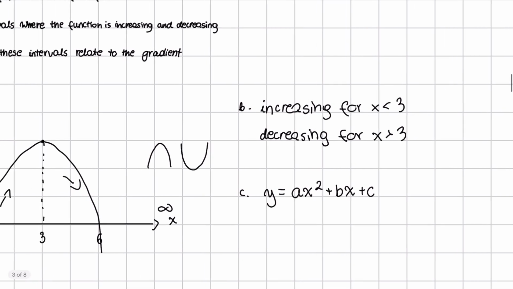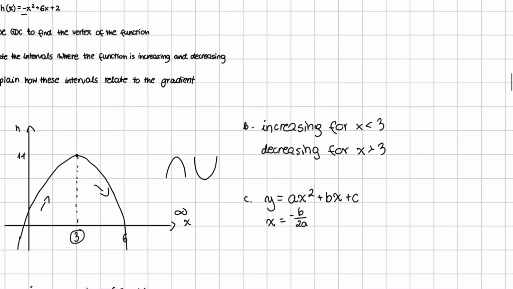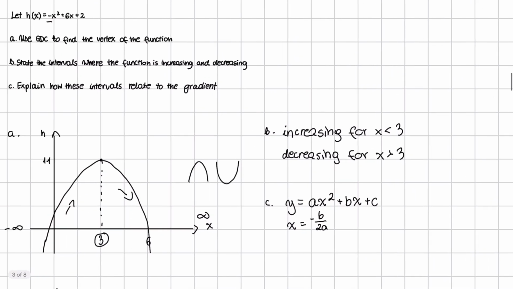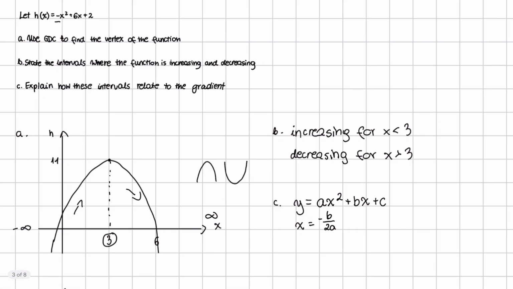So this is x equals minus b over 2a. And now we have to check whether our x will be the same. So we have to substitute our values into our formula for x in the vertex.